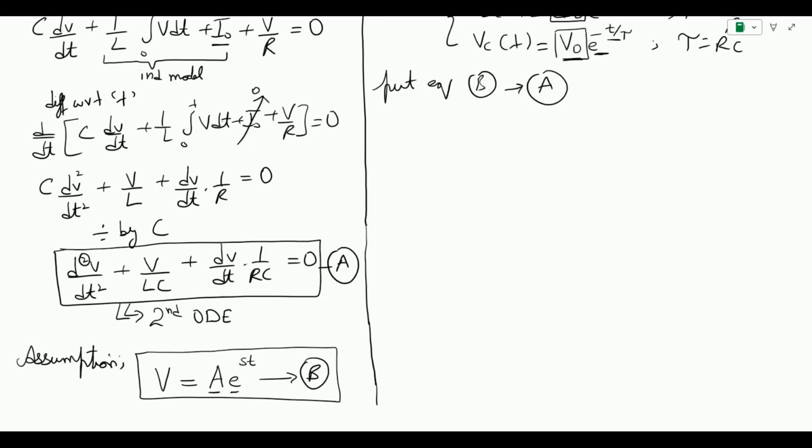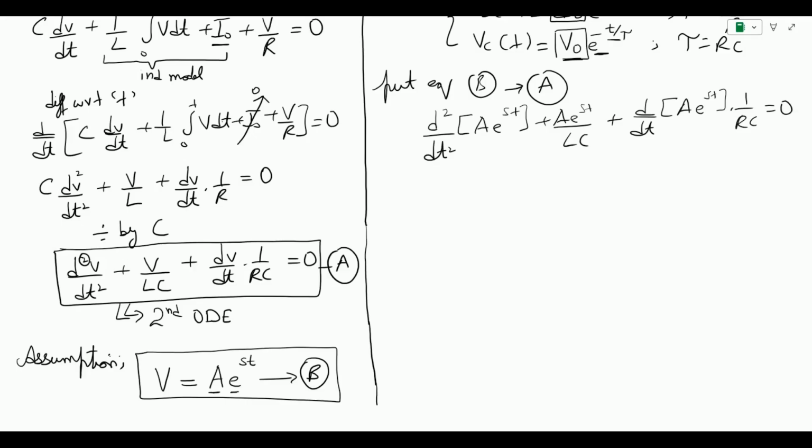When we input this equation back into equation A, our equation comes out to be, let me write it, d square by dt square of V, where V is A e raised to the power s t, plus A e raised to the power s t divided by LC, plus d by dt of V, where V is A e raised to the power s t, multiplied by 1 by RC, equals 0.